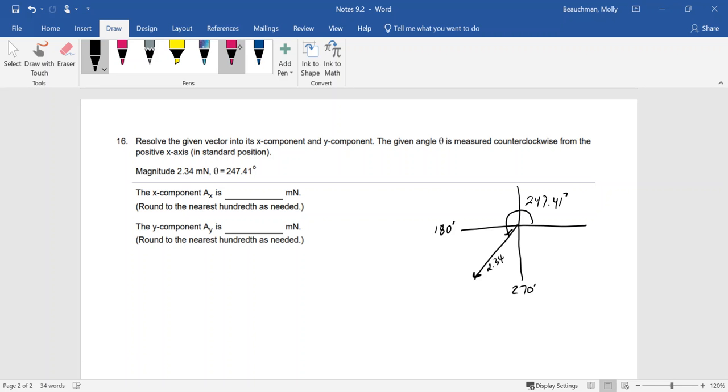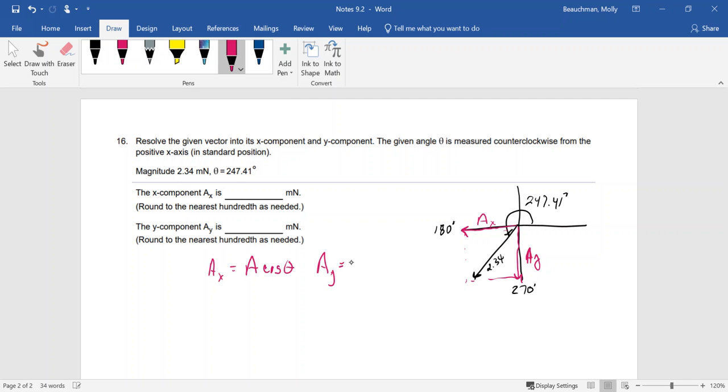And what we're trying to find are the x and y components. So we're trying to find the horizontal vector, a sub x, and the vertical vector, a sub y, so that when you add those two together, you end up with the vector that we're given. So use the formula. A sub x is the length of vector A times the cosine of the angle.